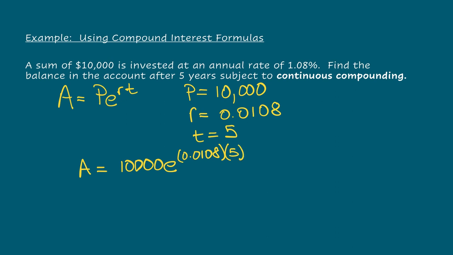I'm going to put that in my calculator, and I get 10,000 times e to the 0.054, which gives me a final result of $10,554.85.